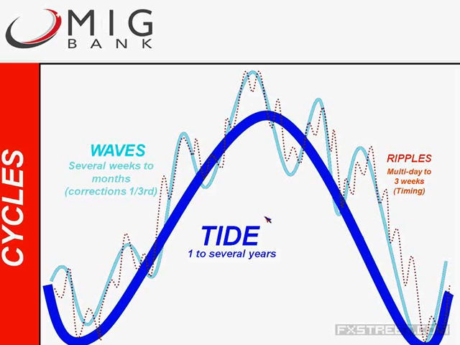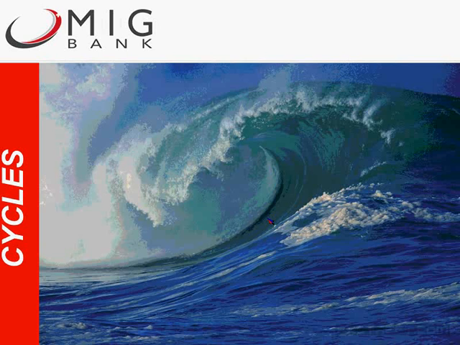Okay, so there's cycles, and we're basically talking about how cycles start from the big picture. That big tidal wave that is coming at you, history catches up with you eventually, and so it's very important to understand historical events, but also historical time cycles and price patterns.